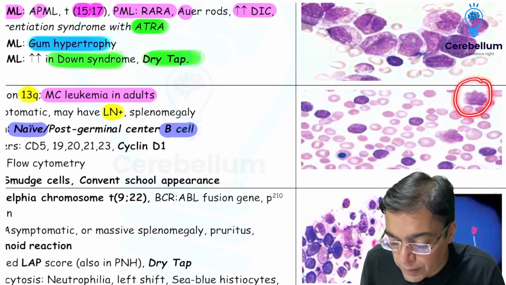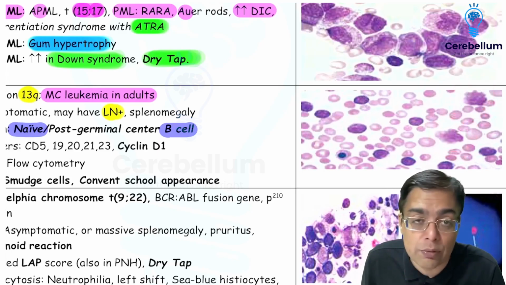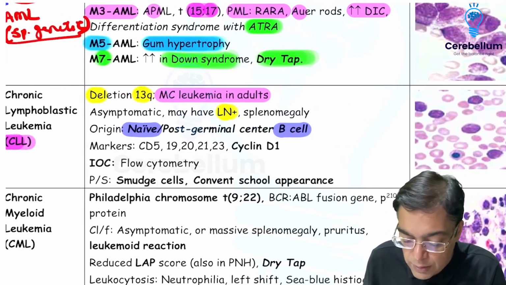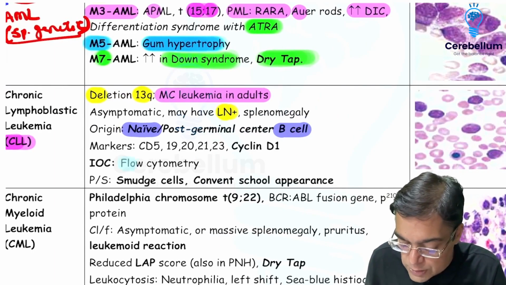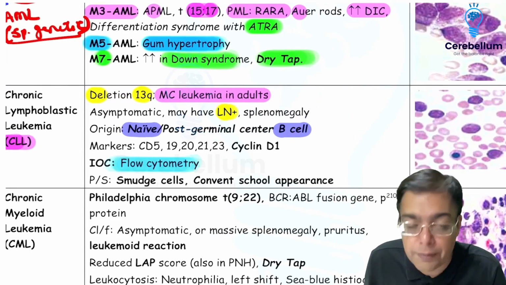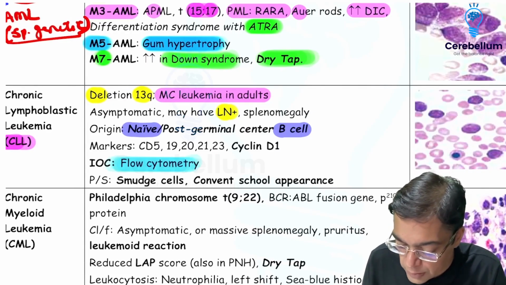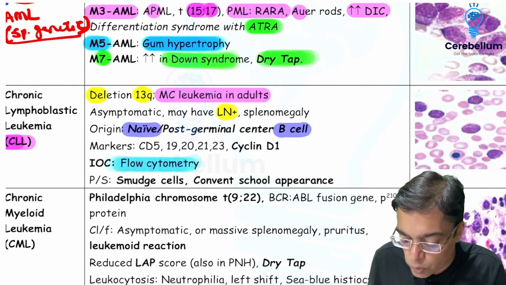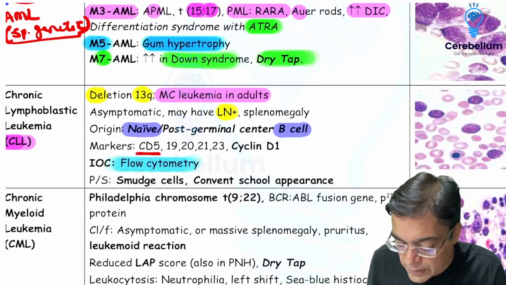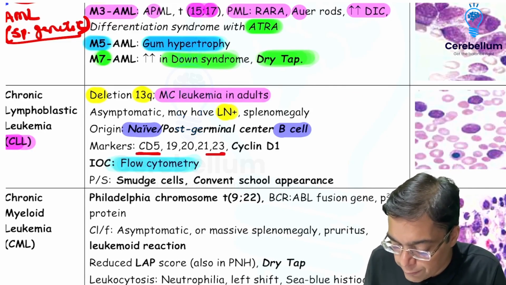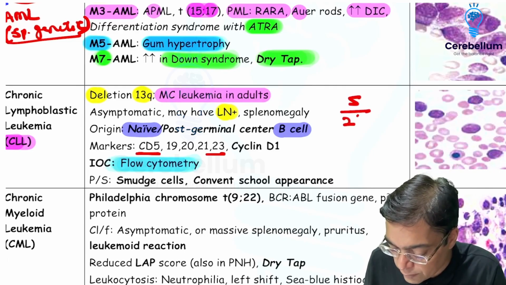Now, if you have the presence of smudge cells over here, you have to confirm the diagnosis. Diagnosis, incidentally, in this cancer is going to be confirmed with the help of an investigation that is given the name of flow cytometry. What would you look at in context of flow cytometry? You're going to be having the presence of markers, and the markers by which you're going to be identifying this kind of a cancer are CD5 and CD23.